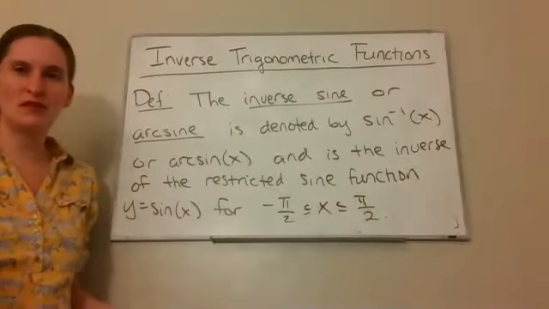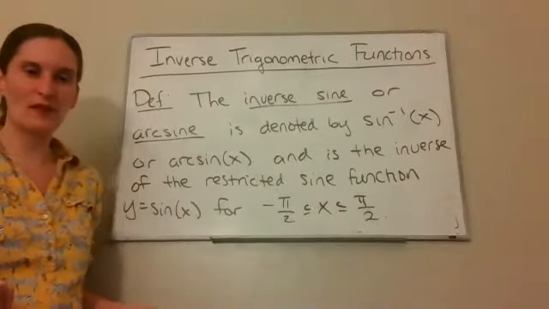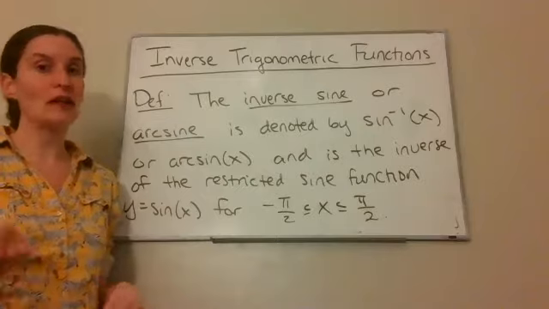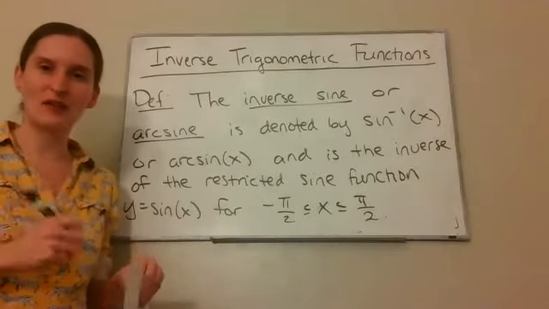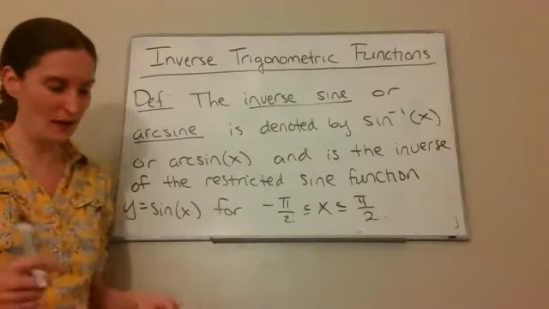So what would this do when we take an inverse sine of something? Instead of calculating sine of an angle, it's going to give us the angle that results in a certain sine.